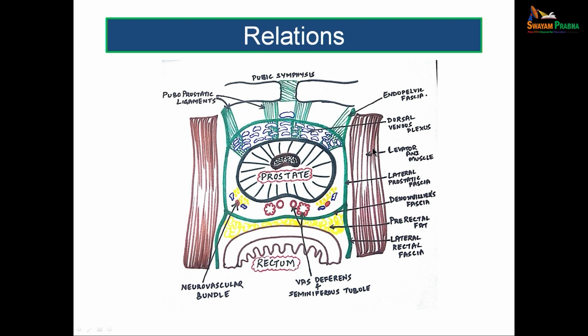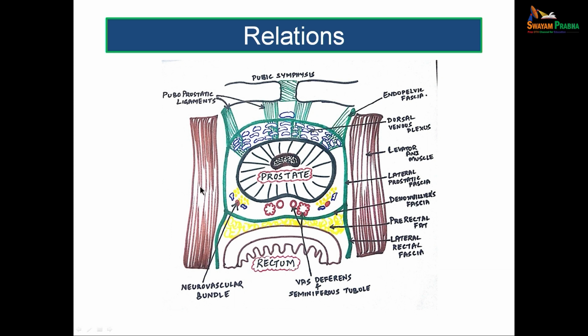Surrounding the prostate is a capsule, and surrounding this is a fascial sheath with the anteriorly placed Santorini's dorsal venous plexus and the puboprostatic ligaments, the medial puboprostatic and the lateral puboprostatic ligaments, connecting the anterior surface of the prostate with the symphysis pubis and the pubic bone.